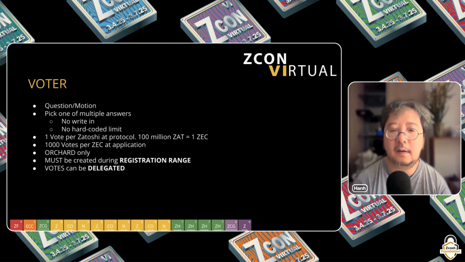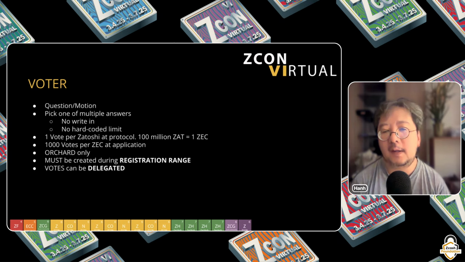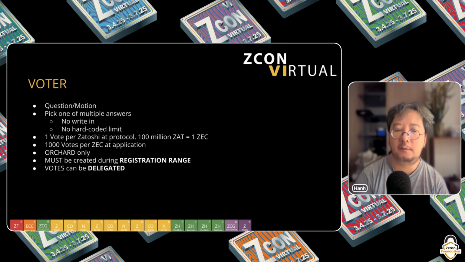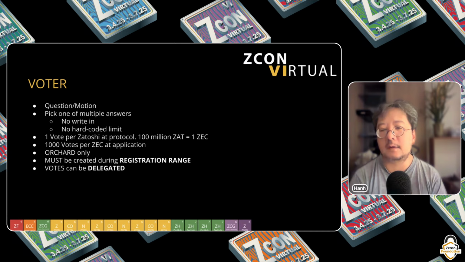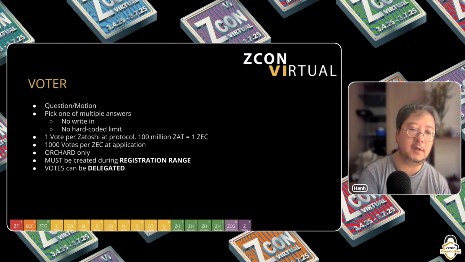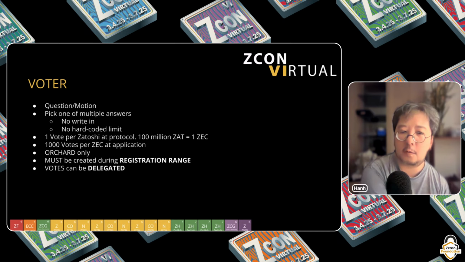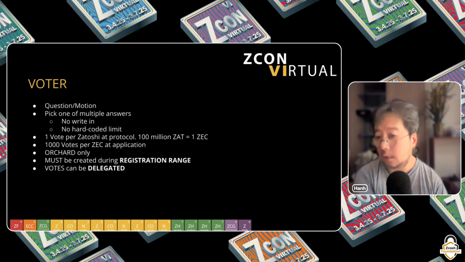Virtually, we take an image of the blockchain, and all the coins that are in Orchard at that point are usable for the election. If you spend them before, obviously they are not usable. If you spend them after, it's fine. So the end is a snapshot. The beginning is a bit stranger. The beginning means that if you have Orchard funds that you acquired before that date, they are not usable either. So bear that in mind.